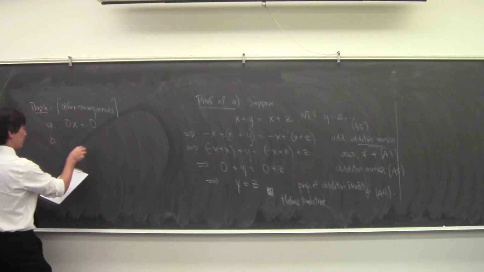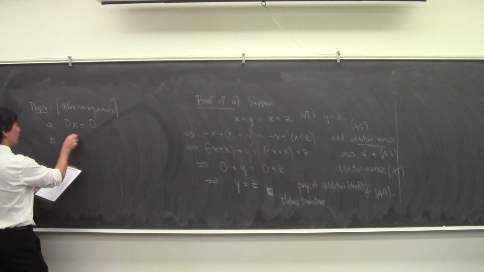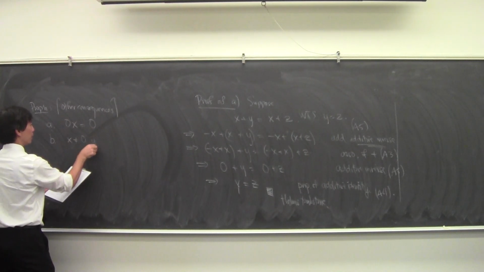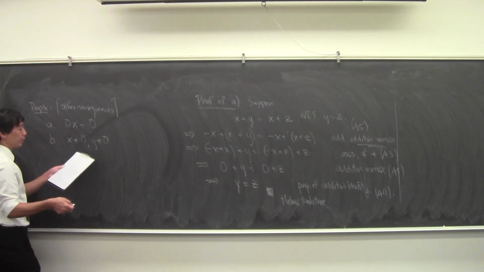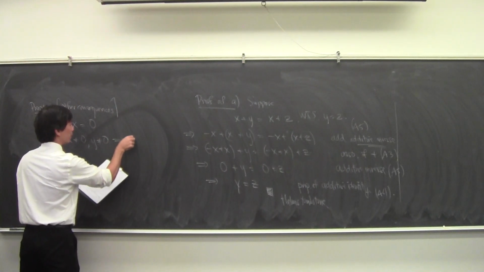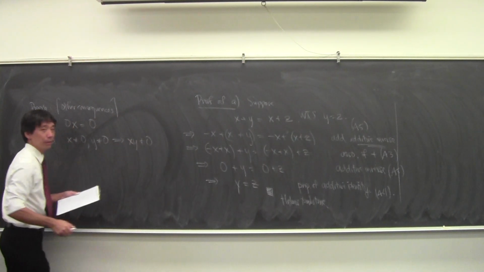Right. So 2, if you have 2 non-zero elements, then their product must be non-zero.